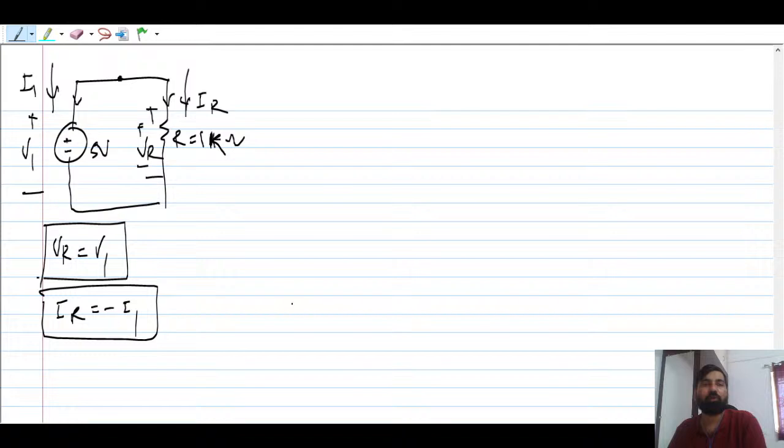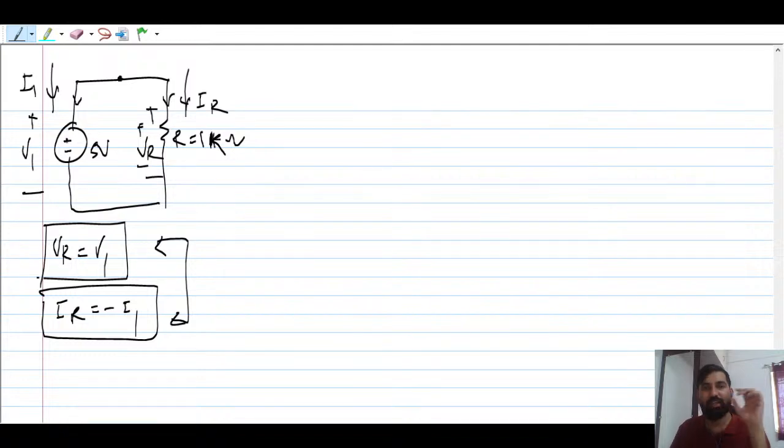Many people have doubts about when power is going to get delivered and when it is going to get absorbed. So you have to always remember the passive sign convention. I have shown the current directions using the passive sign convention here. This is the confusing condition that you might find.